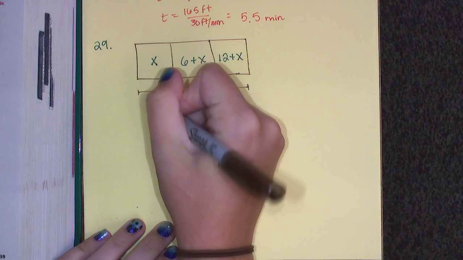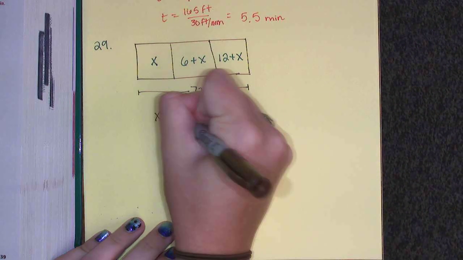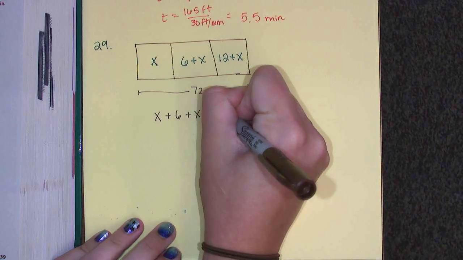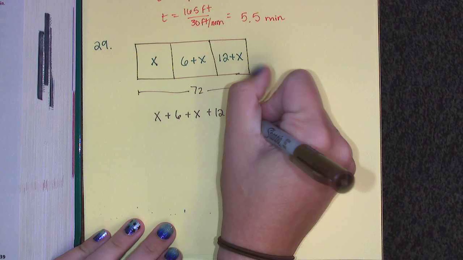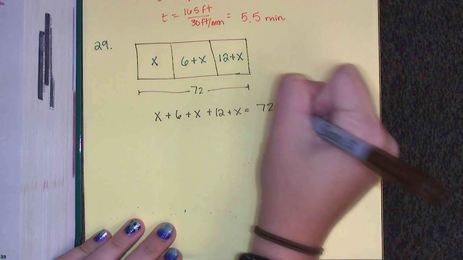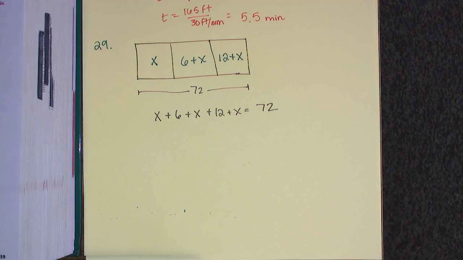So x plus 6 plus x plus 12 plus x. Okay, and just read it across so you make sure you get all the pieces, is equal to 72. And then solve for x.